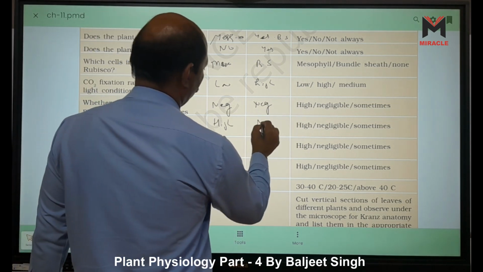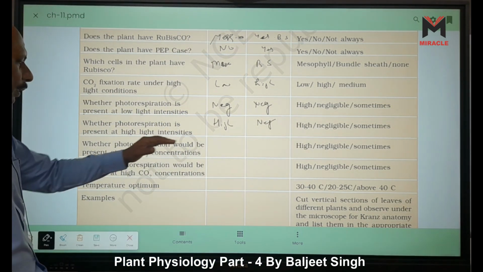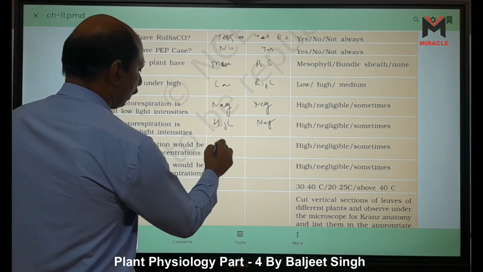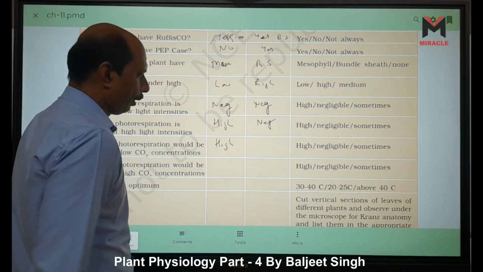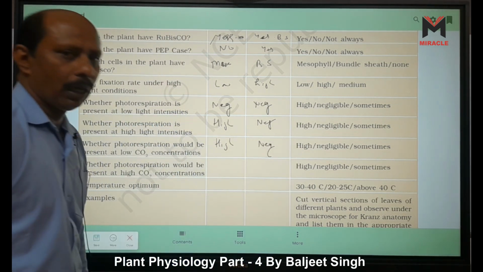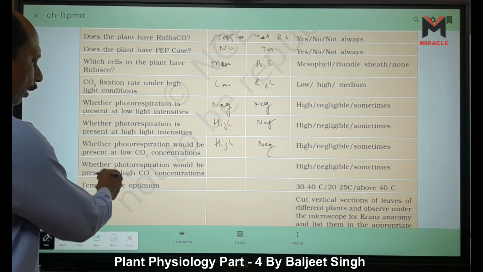But in case of C4 plant, because photorespiration is absent, negligible. Whether photorespiration would be present at low CO2 concentration, if CO2 concentration is low, yes, it is high, right? But in case of C4 plant, negligible because photorespiration is absent. Or we can say Rubisco enzyme is absent in mesophyll cells.